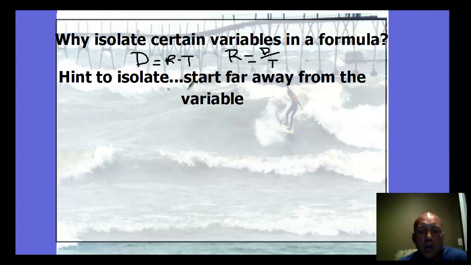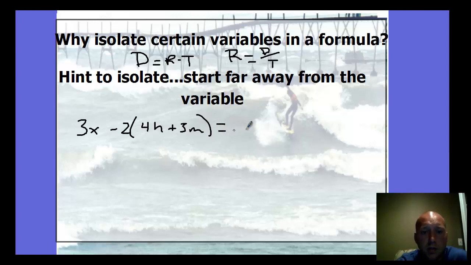So when you are trying to isolate a variable in an equation that has many variables, you always want to start far away from the variable. If I make one up here, let's do 3x minus 2 times (4h plus 3m) equals 7x minus 5 times (2h minus 2m).